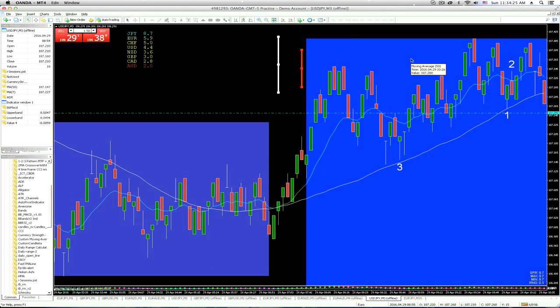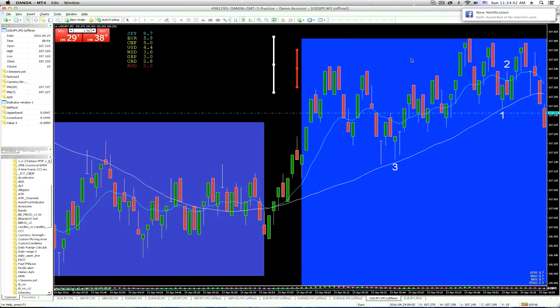Now we have a close actually below the 50 here. So now we're looking for a potential change in direction. So with a close below the 50, I am now looking for a short trade to enter. No potential there because it closes even lower.